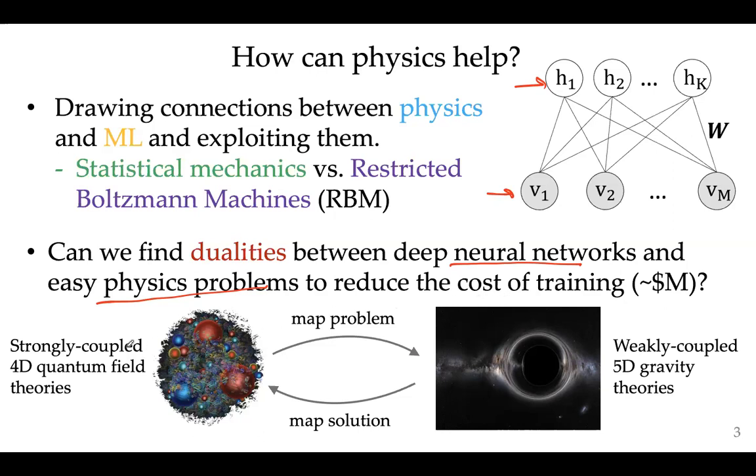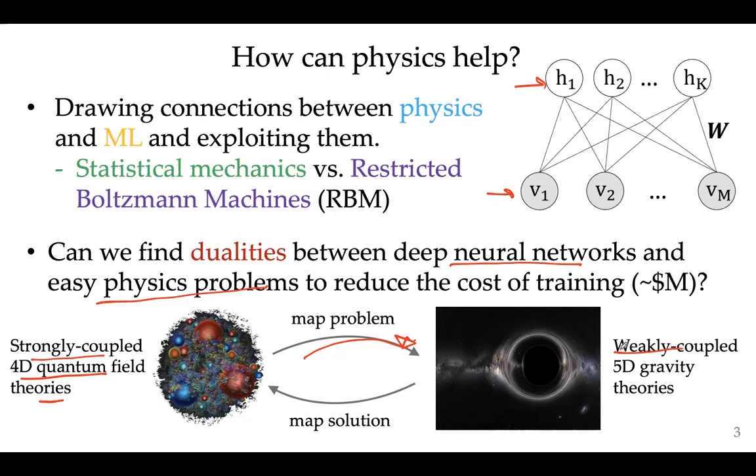Let's say you have a strongly coupled 4D quantum field theory. Quantum field theories model the subatomic particles and are used in particle physics. By 4D, I mean 3 space dimensions and 1 time dimension. Because these models are usually strongly coupled, it's really hard to solve them. So what physicists do is map the problem to another problem, which is weakly coupled.